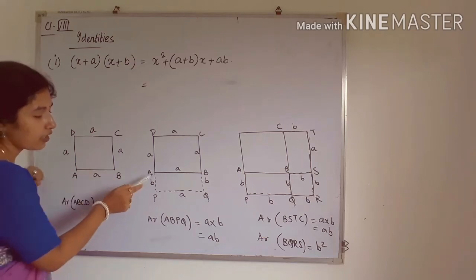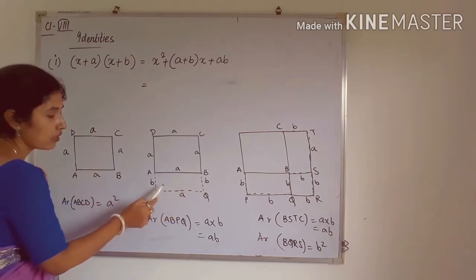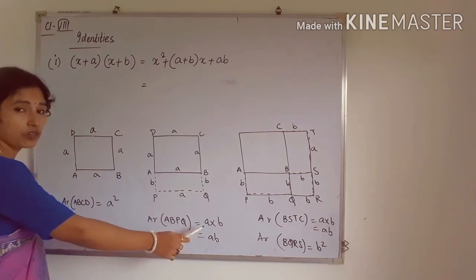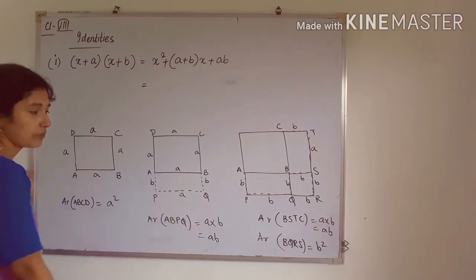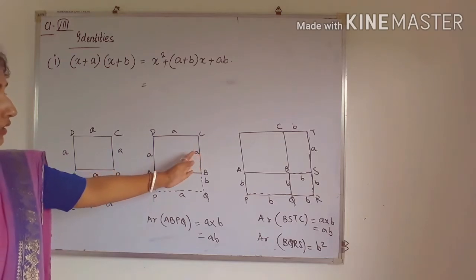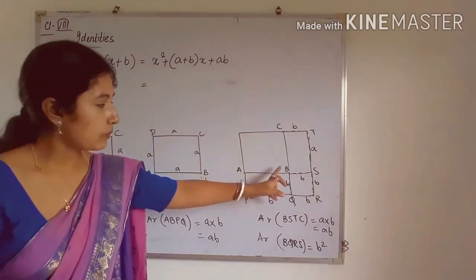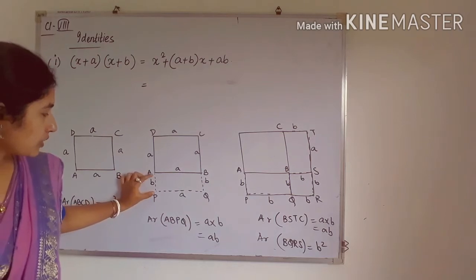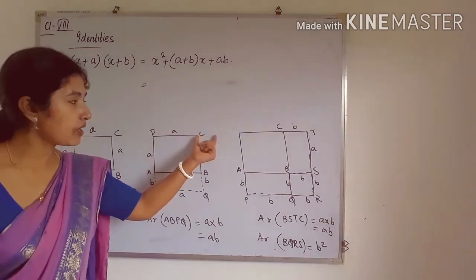So what will be the area of APQB? Because length is A and breadth is B, the area of this will be A into B, that is AB. Similarly, I will extend the rectangle on the other side, that is BC, that will be BSTC. Again, this length is B, again I am extending the same length.